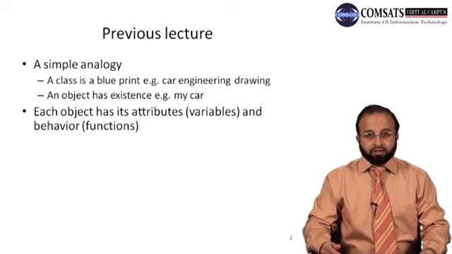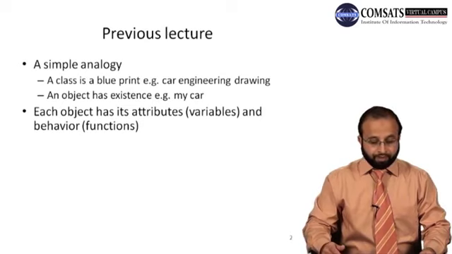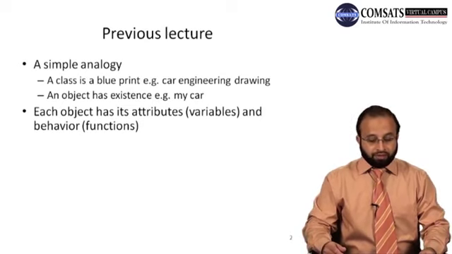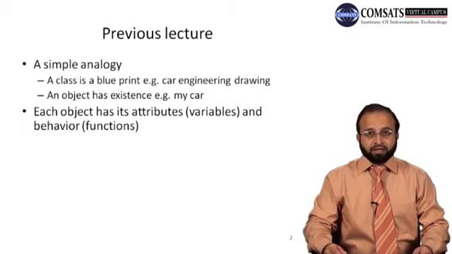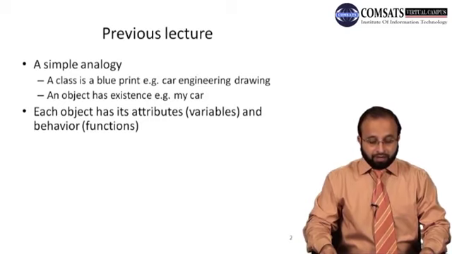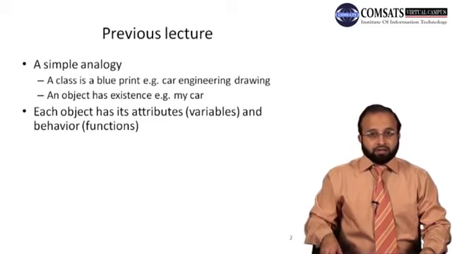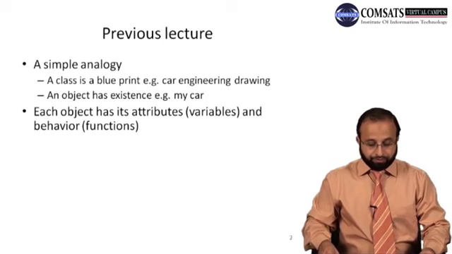So that car is an object of the car class. Each object in the world has its attribute and behavior, and we can represent these attributes using variables and behavior as functions in a programming language.